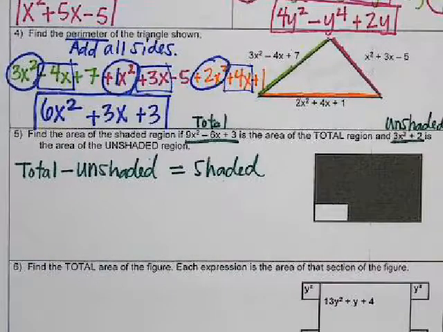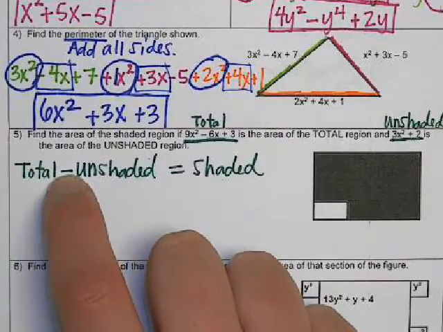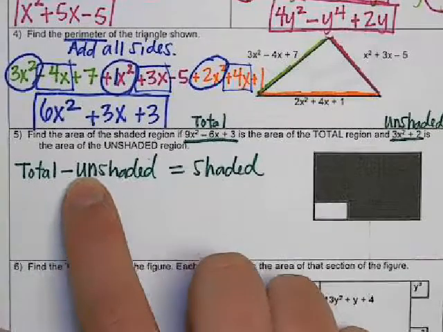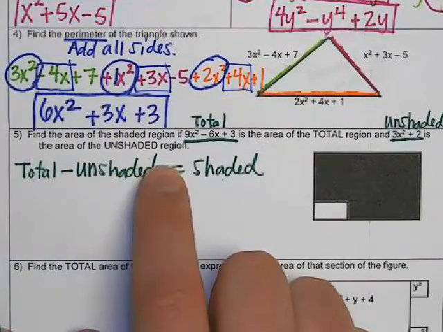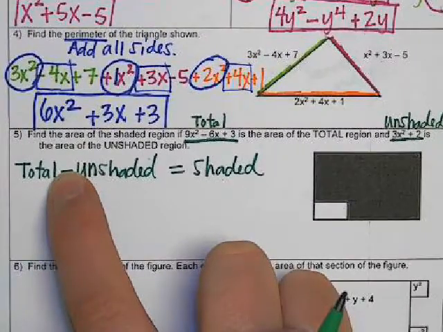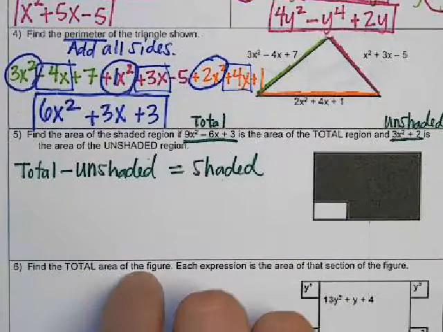Because what do I have to distribute here? I'd have to distribute a -1. Well, that's going to change all the signs in the unshaded. So if you don't put them in parentheses, it only changes the first sign and not all of them. Here, it'll make sense when we write it.